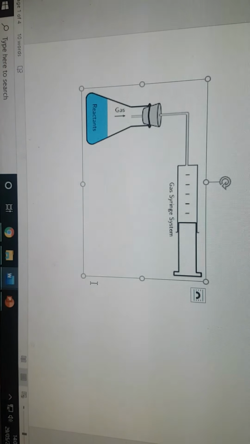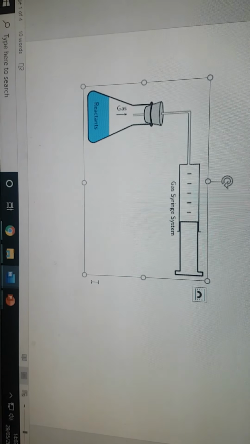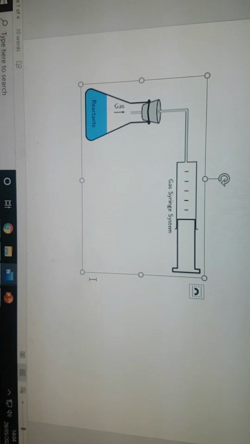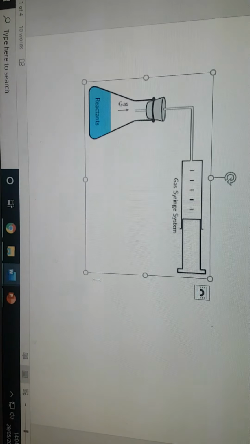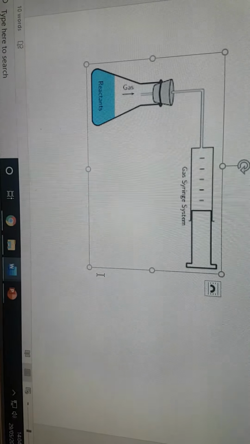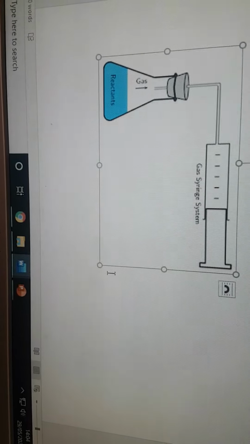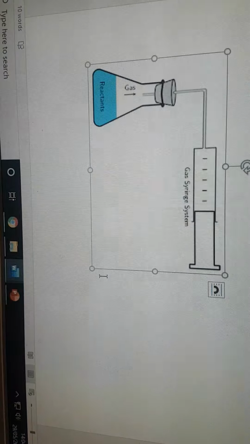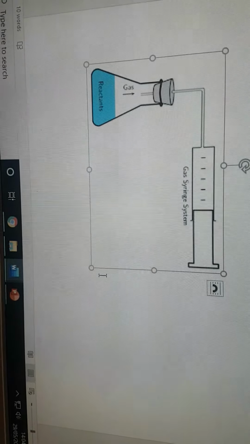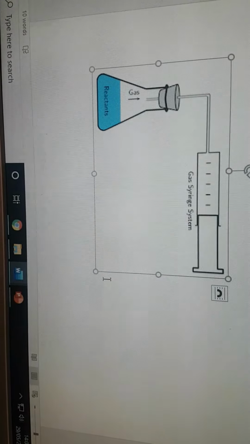Now, you could do this using the continuous monitoring method, which would mean you'd measure the volume of gas at 10 seconds, 20 seconds, 30 seconds, probably all the way up to 240 seconds or 4 minutes. But that's just one experiment at which you take all those measurements from.